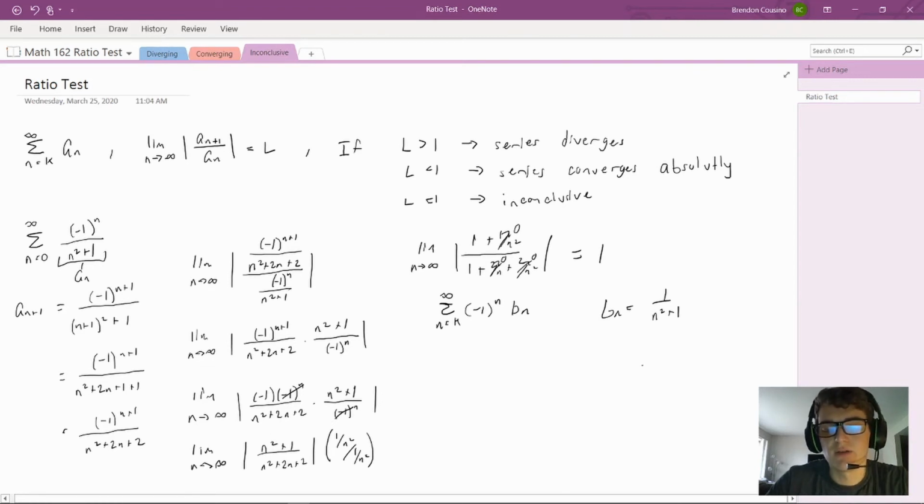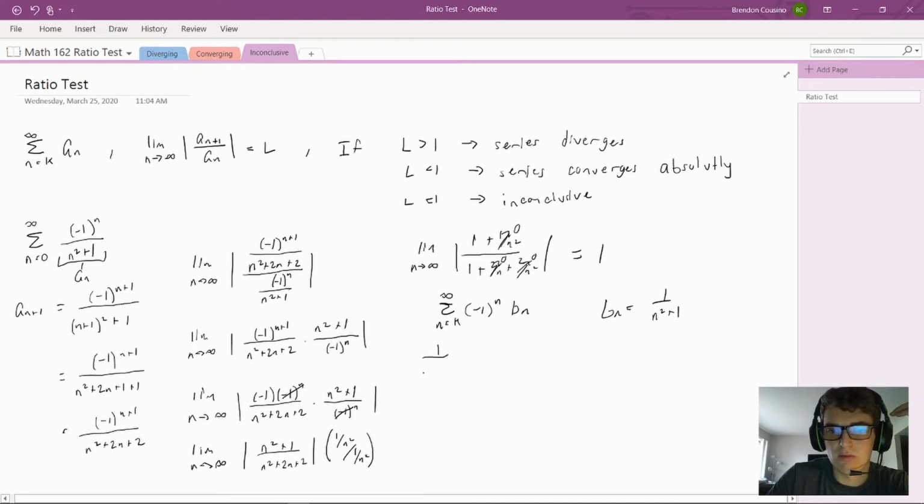Okay, and so for the alternating series test to show convergence, all that's needed is that b of n needs to be a decreasing sequence, and the limit as n goes to infinity of b of n has to approach 0. So let's go ahead and show that. Let's show that it's a decreasing sequence. The way that we can look at that is by looking at the function, 1 over n squared plus 1. Let's write out a few of the terms.